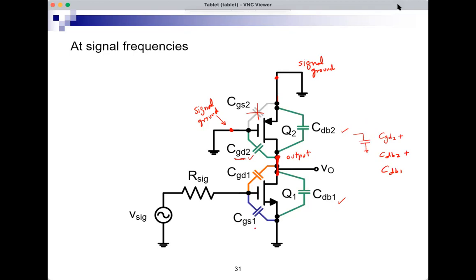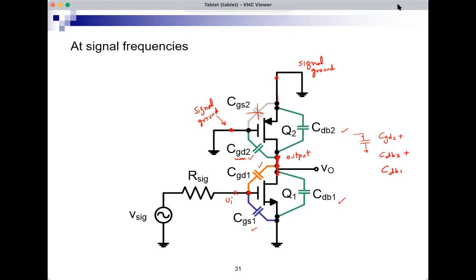And then I have the blue capacitor, which is not really in parallel with anything. So it stays. And CGD1 also stays. It's between the gate and the drain of Q1. All right, so it's really not 6 capacitors, more like 3 capacitors. CGS1, the input is here, VI is here. CGS1 would appear between the input and ground.